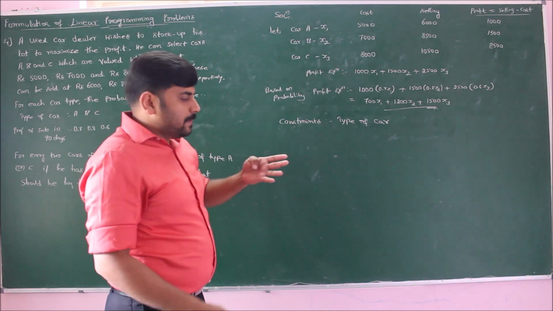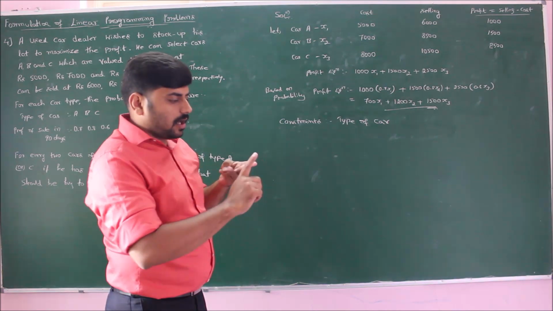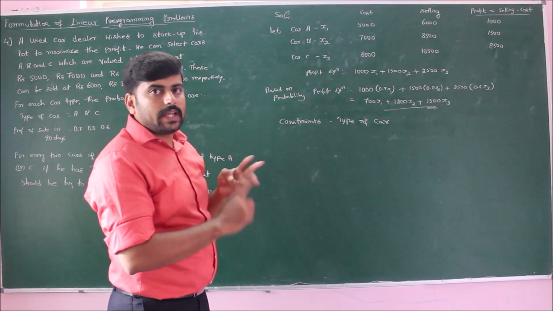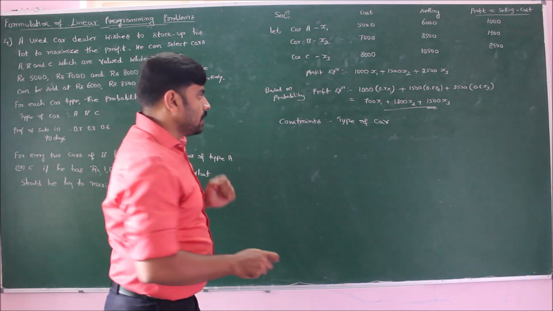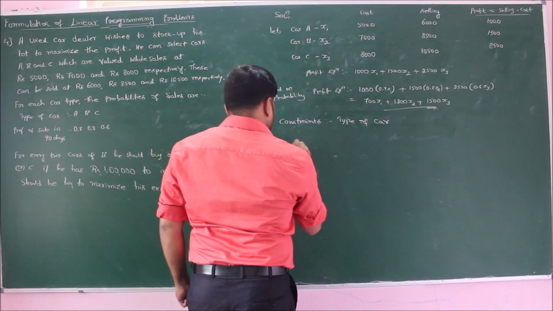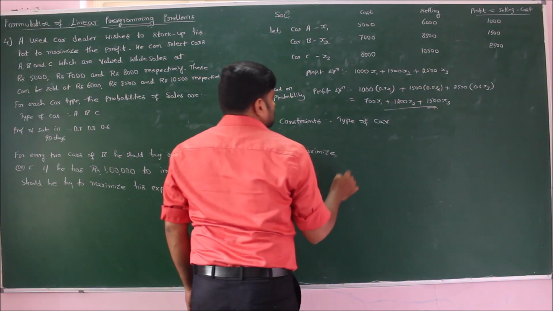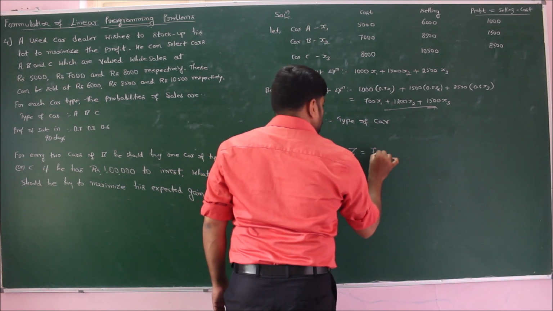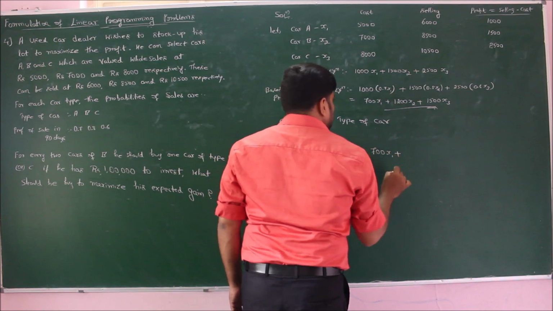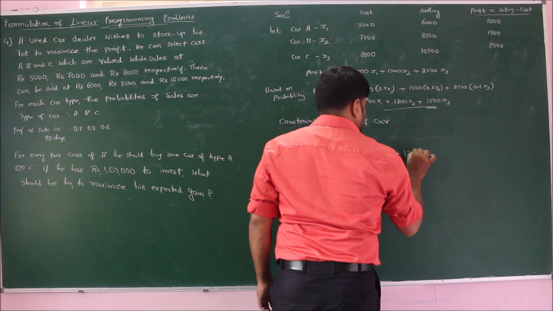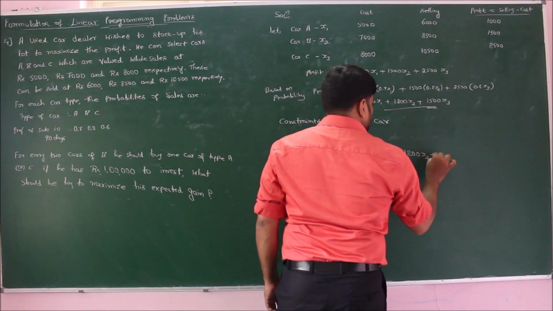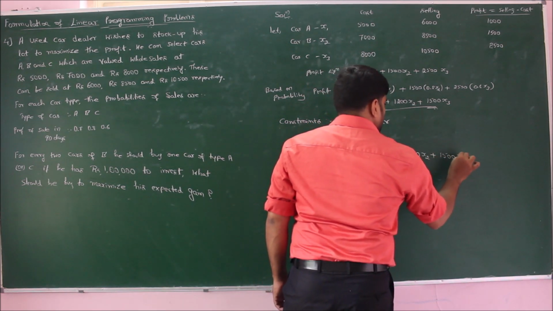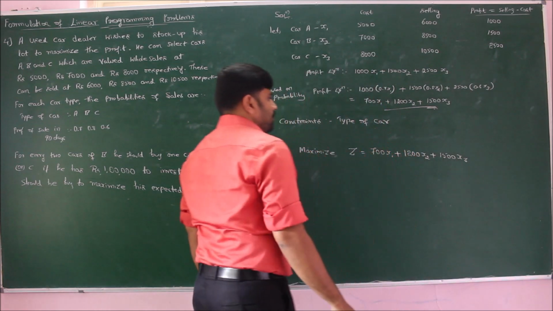For LPP formulation, the 3 important things are the objective function, the constraints, and that the variables must be positive. Coming to the objective function, maximize z equal to 700 x1 plus 1200 x2 plus 1500 x3.